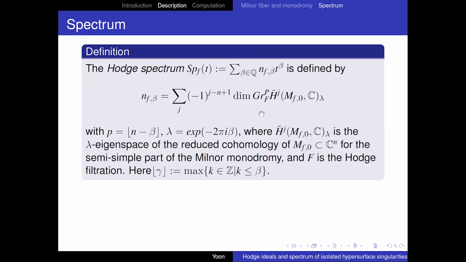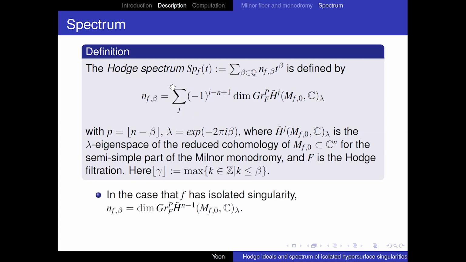And this is called vanishing cohomology. Sometimes if you don't use the reduced one, then that's called nearby cohomology.